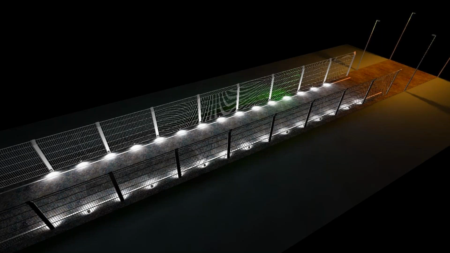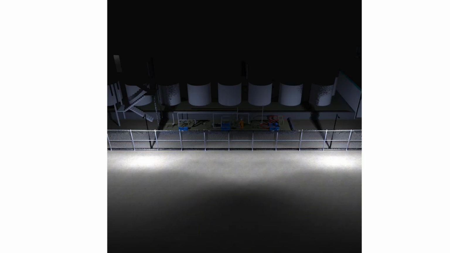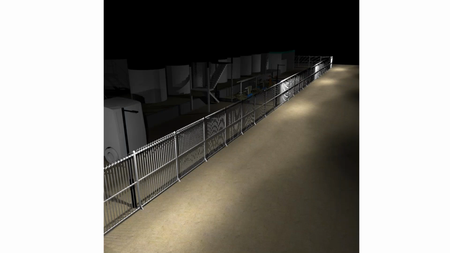The idea is this can be presented to your client, your end user, before they've committed to any units, just to prove the concept. Here are some examples of a perimeter sterile zone, and a power station as well.